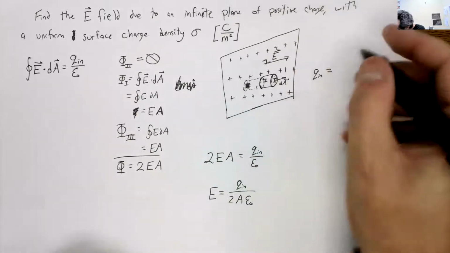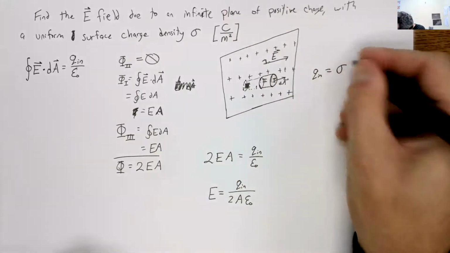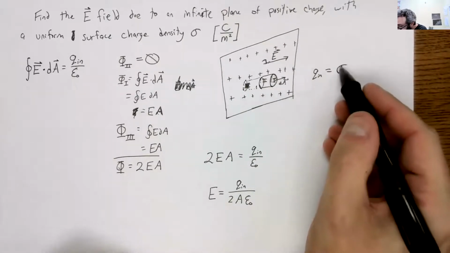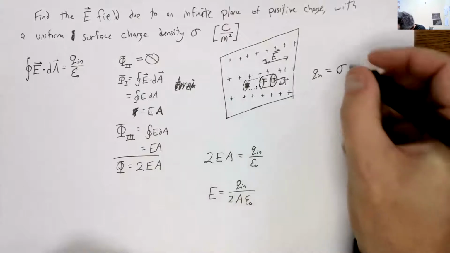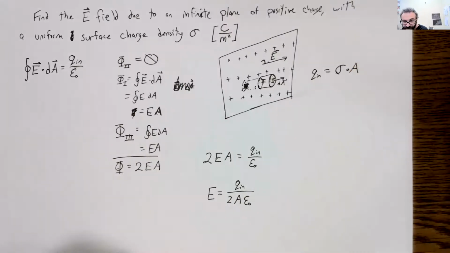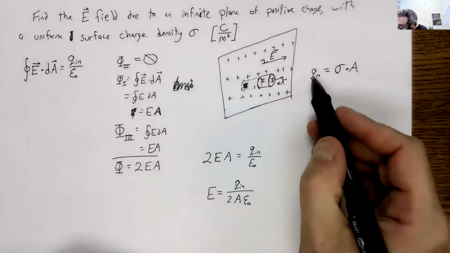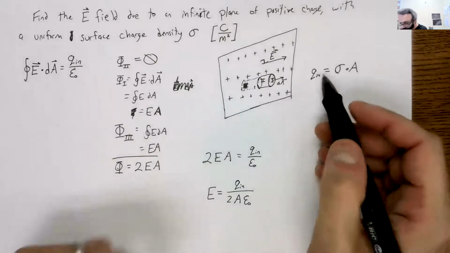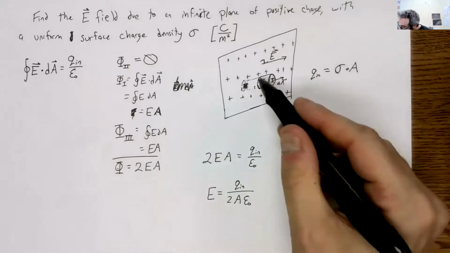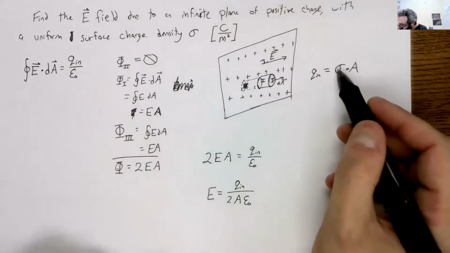So the charge inside is this, how many coulombs per square meter, times the area, right? And that's always going to be the case. If you've got a surface charge, the charge inside is just going to be the area times the surface charge density.